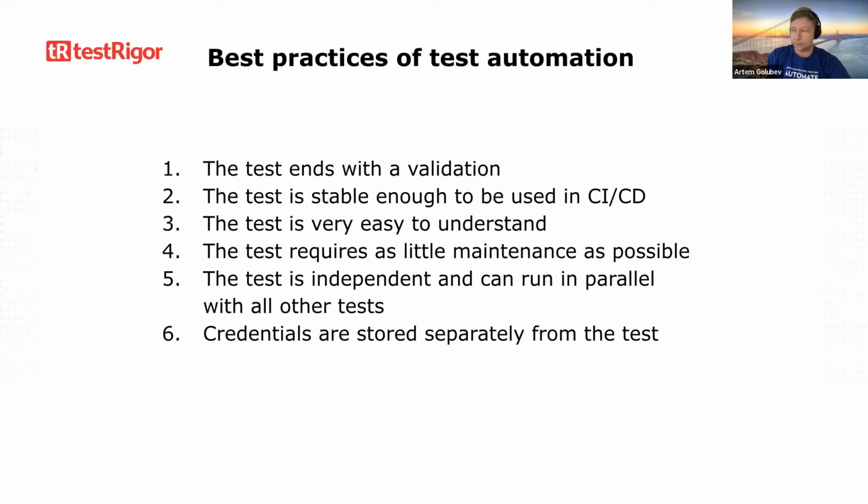So basically, you want your test to be stable enough such that engineers can use it to validate that their code works fine on a dev environment, or automatically on a staging environment before it is promoted to production.